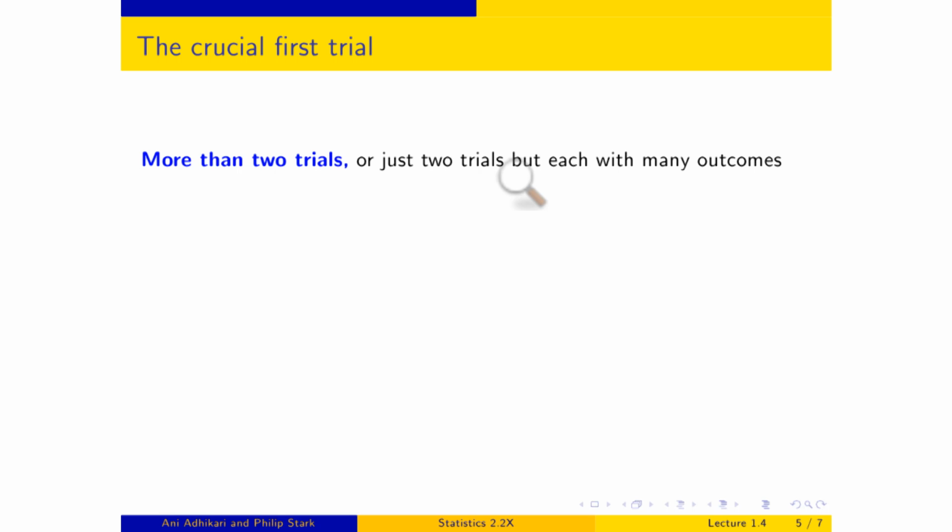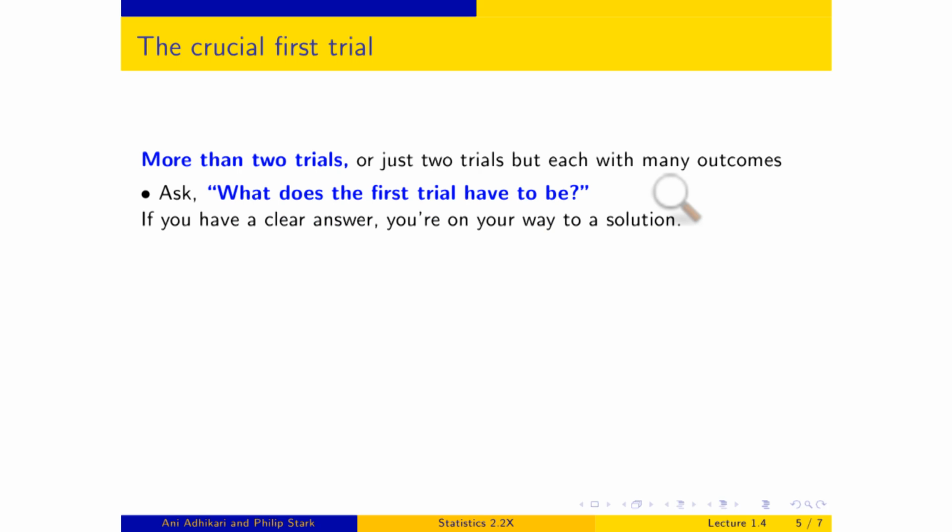And what you will find helpful, I hope, is to ask always the question, what does the first trial have to be? And it turns out that if you can answer that question cleanly, then the problem is usually rather straightforward to solve. And let's see what I mean by an example.